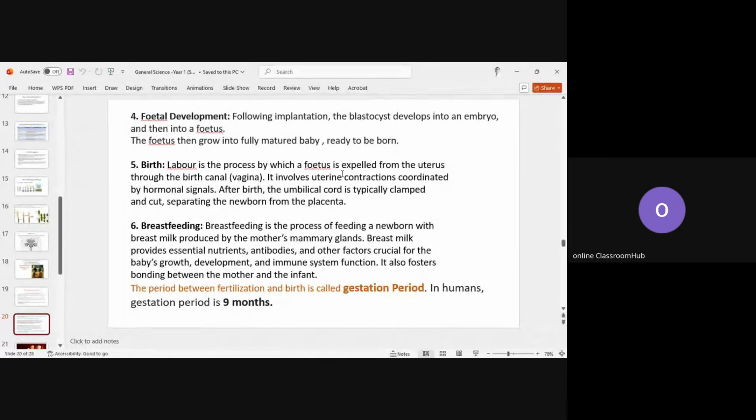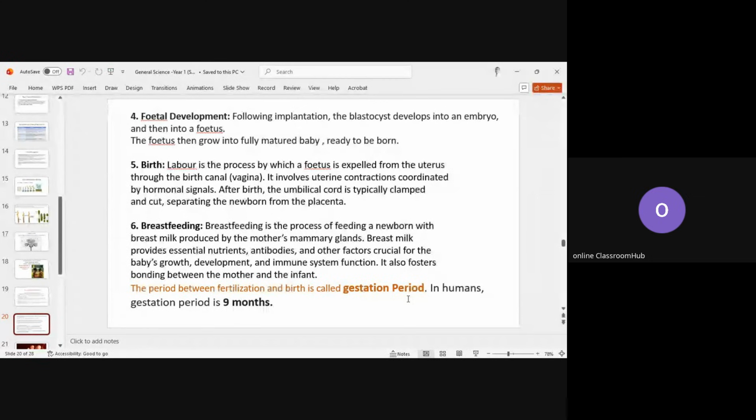Now, the period between fertilization and childbirth is called the gestation period. Let's take note of this period. Very, very important. And a lot goes on during this period.